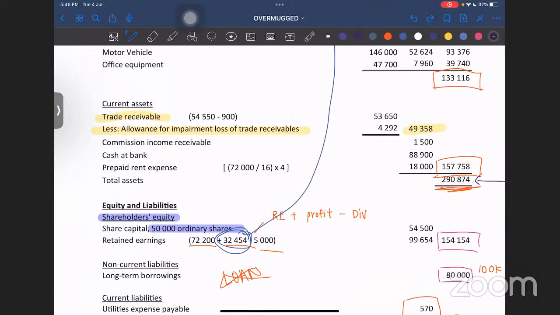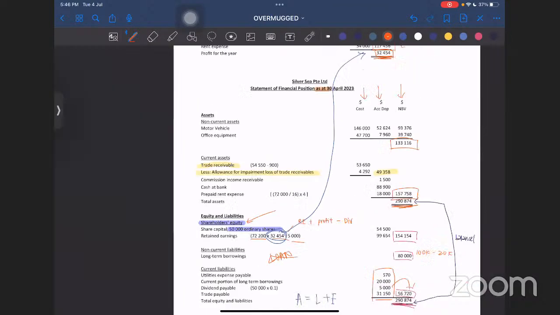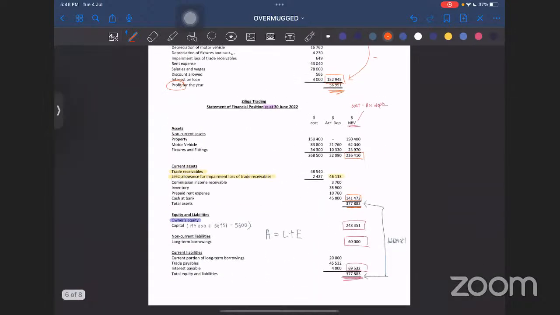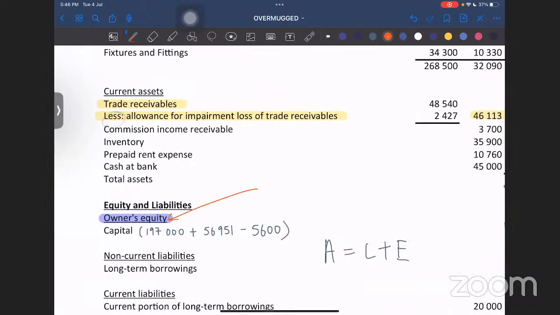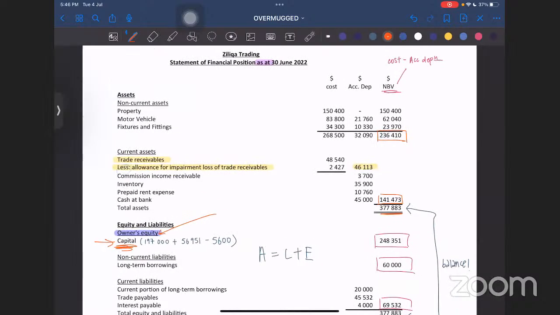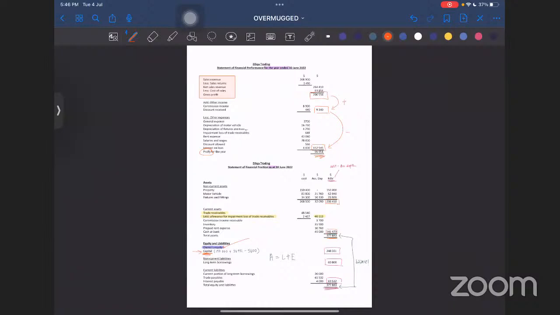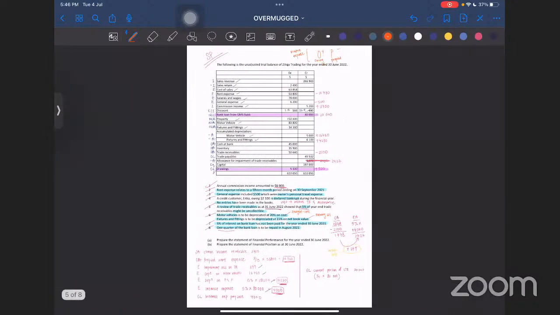So these are the things that you need to take note of. Then for sole proprietor, it will just be owner's equity, and then you will realize that it's only one line here in my capital. Okay, so pretty much that is all from me for adjusting of financial statement. Okay, thank you for watching.